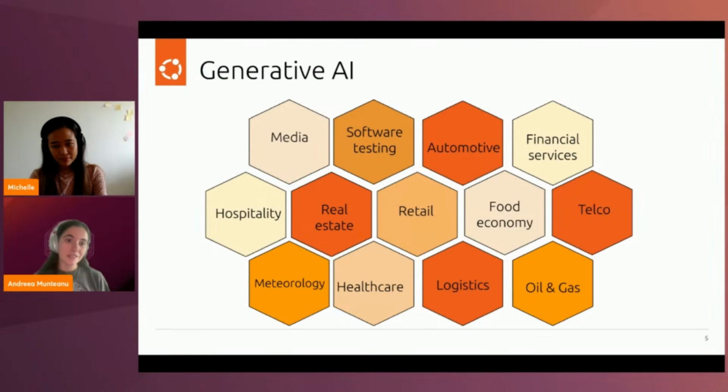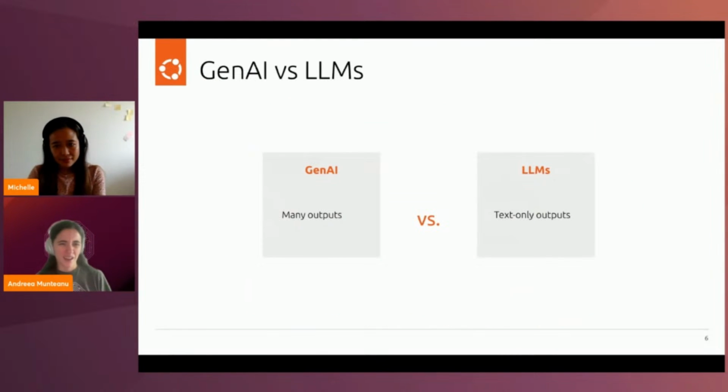If you move towards the next slide, the most common question that I get is what's the difference between Gen AI and large language models, or LLMs? Are they the same? Should we use LLMs or Gen AI? Long story short, LLMs are a subcategory of Gen AI. The main difference is the output that it produces: LLMs focus really on text, and we have plenty of examples.